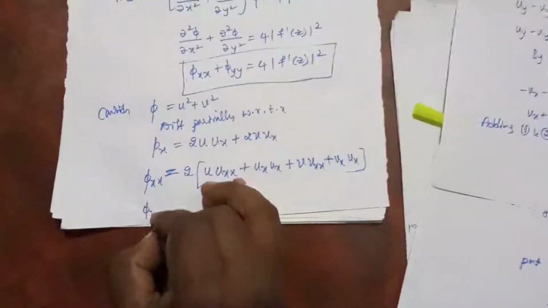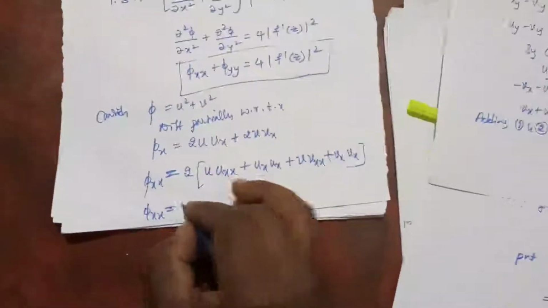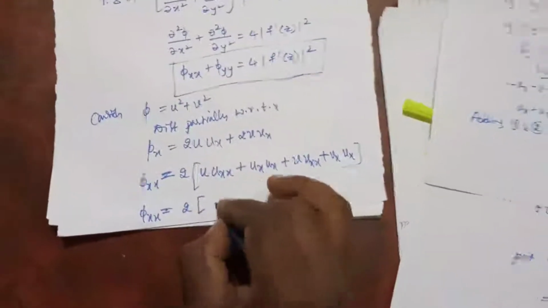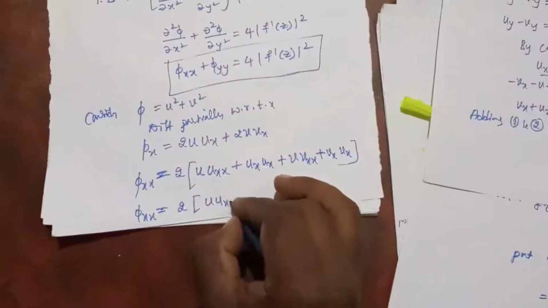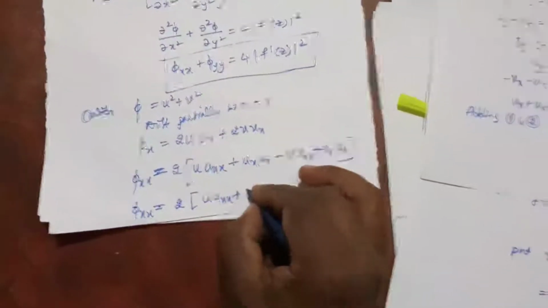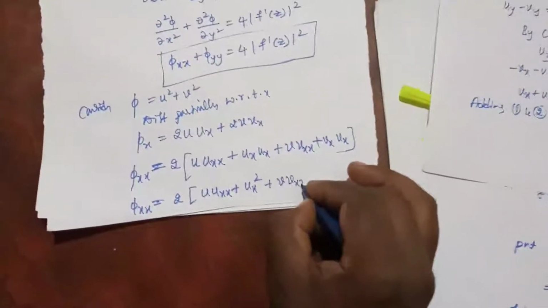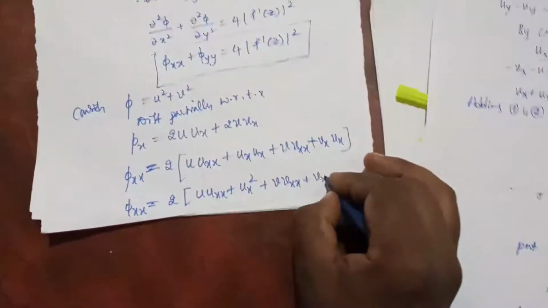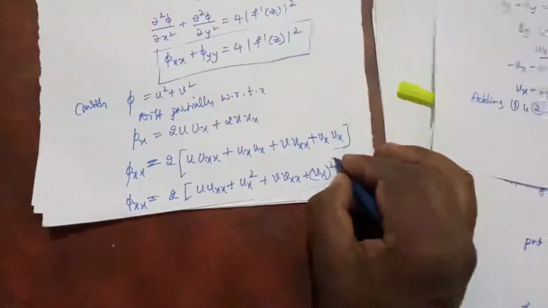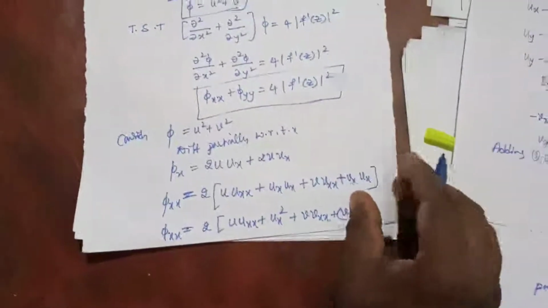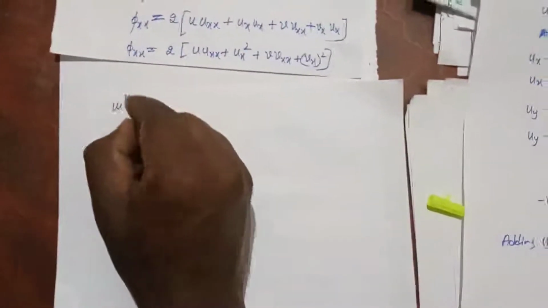This is our phi xx: 2 times uxx plus ux whole square, vxx plus vx whole square.